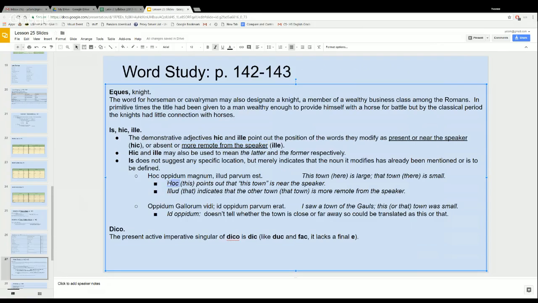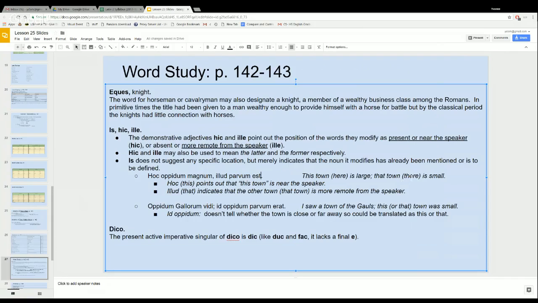So we're going to go down here. Look, hoc, this. Hoc oppidum magnum est. This town, in other words, this one right here close to me, is large. But illud, a form of ille, illud parvum est.